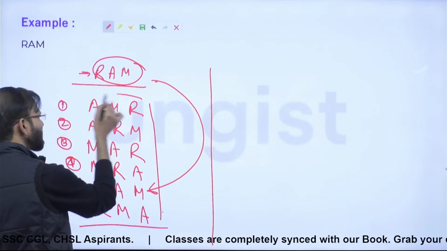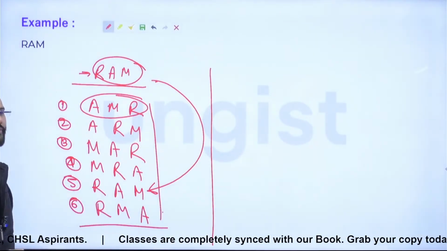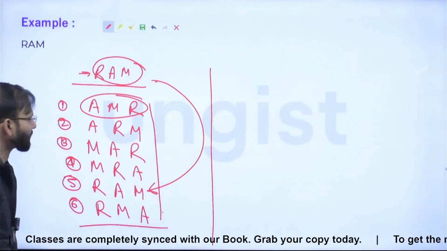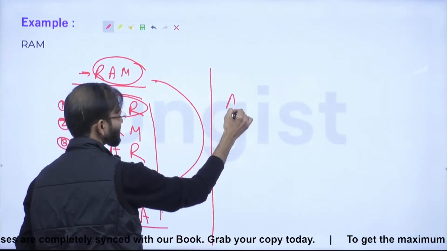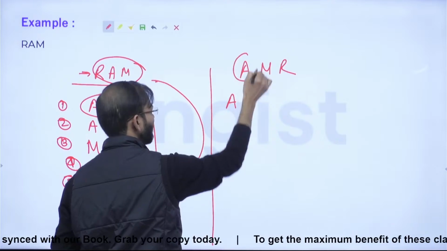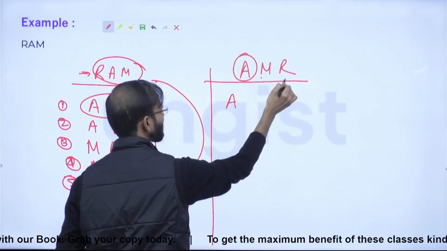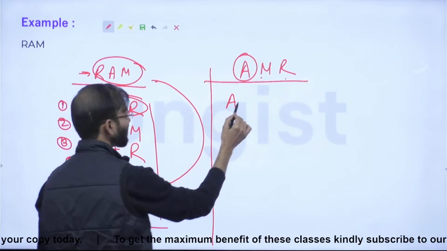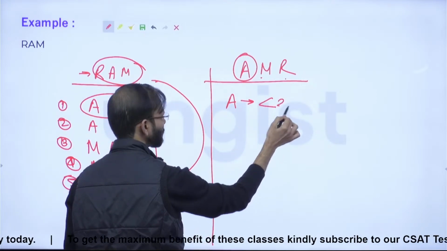Tell me, the first word will start with A. So A will be fixed. Right? So guys, if A is fixed, so AMR, just write it. If A is fixed, then how many total words are still left? 2. So starting with A, we can have factorial 2 words.